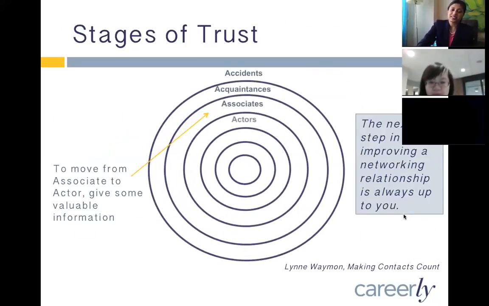Okay, so I actually just like to share this because it's interesting. It was written by Lynn Waymon, and it's about how you make contacts and what this whole business of networking means, right? Because really, it's about building trust. That's really what it comes down to, especially if you don't want the networking to be about, oh, I'm networking to get a job, but rather the longer term type of networking, then it's all about building relationships that are mutually beneficial.